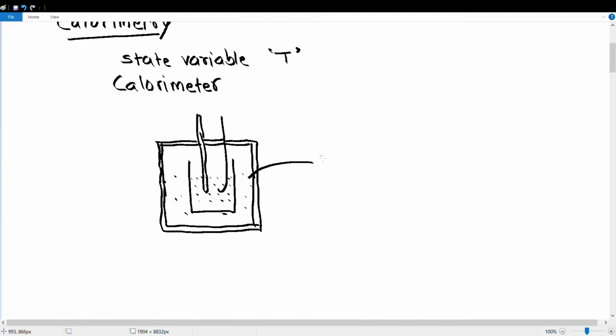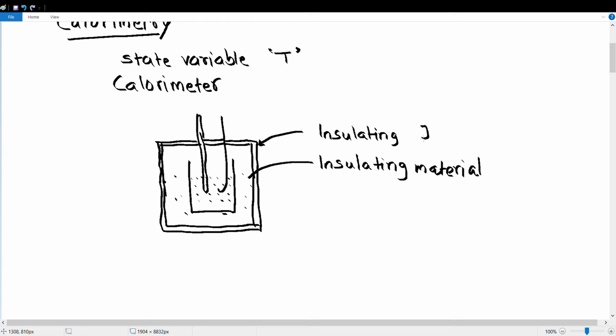Suppose this is the insulating material. The gap is covered by this insulating material. And this is the insulating jacket. It is generally a wooden box.